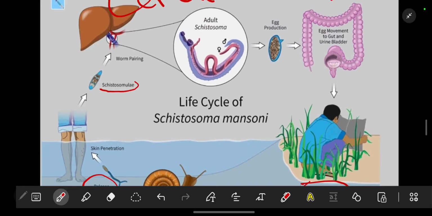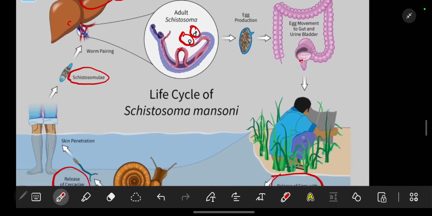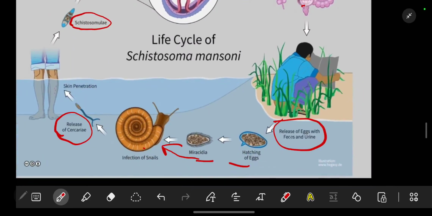Then we have Schistosomule, which is the one that has penetrated the skin and has lost its tail. Like that, it goes to the liver. It becomes the male and the female, which migrate to the bowels, the rectum and the bladder. Then as someone defecates, they are able to release the eggs.